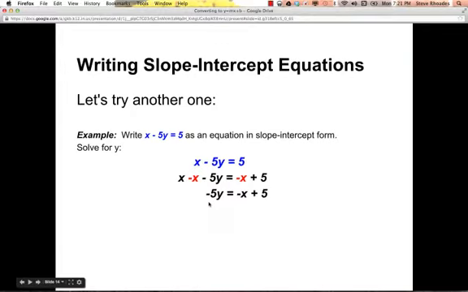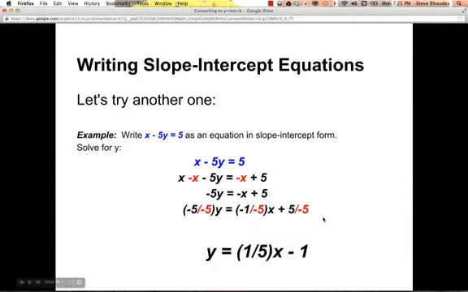Now we need to divide by negative 5 on both sides of the equation. When that simplifies, we get our answer of y equals 1/5 x minus 1. Negative 1 is the y-intercept, 1/5 is the slope.